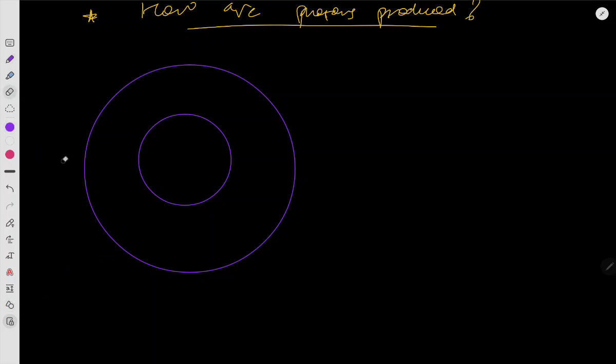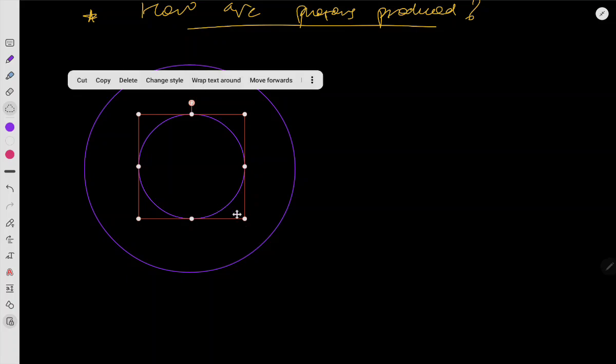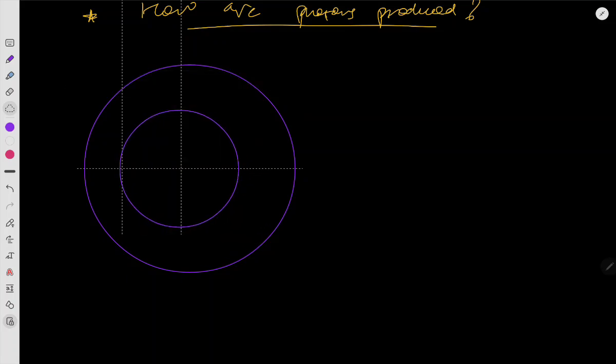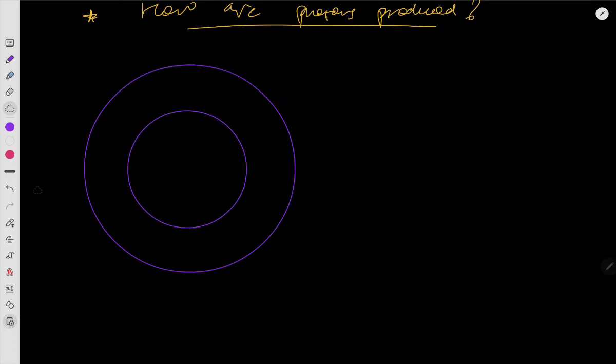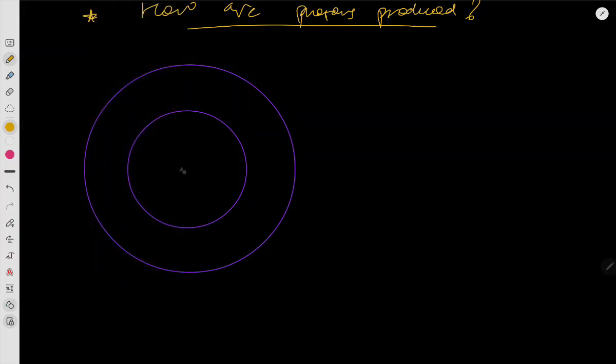This is our nucleus, which I'll write as plus plus plus plus.